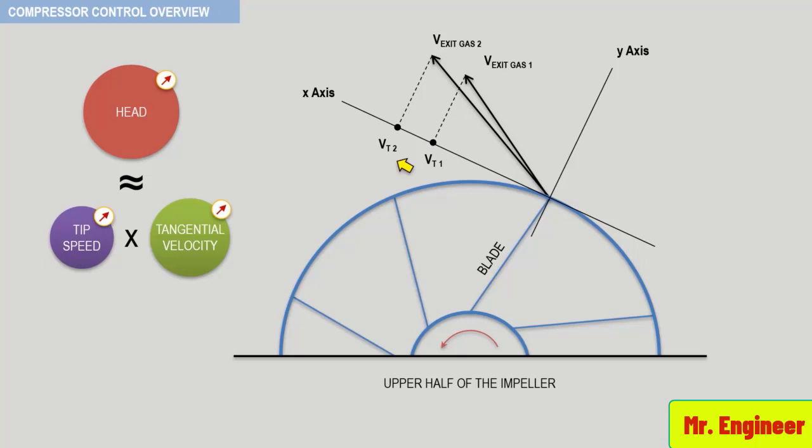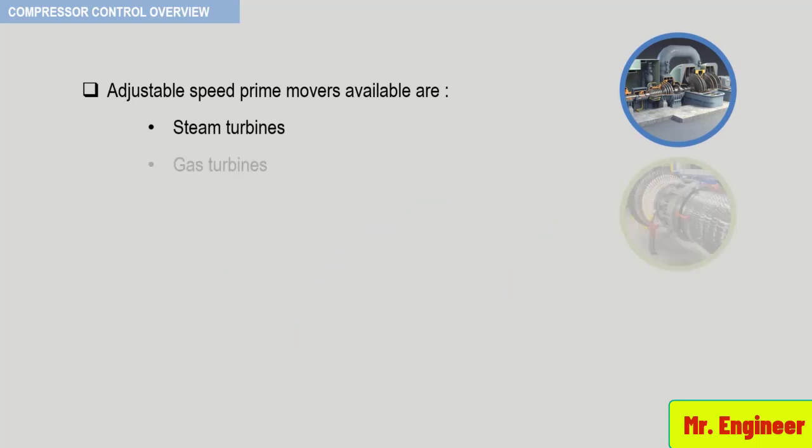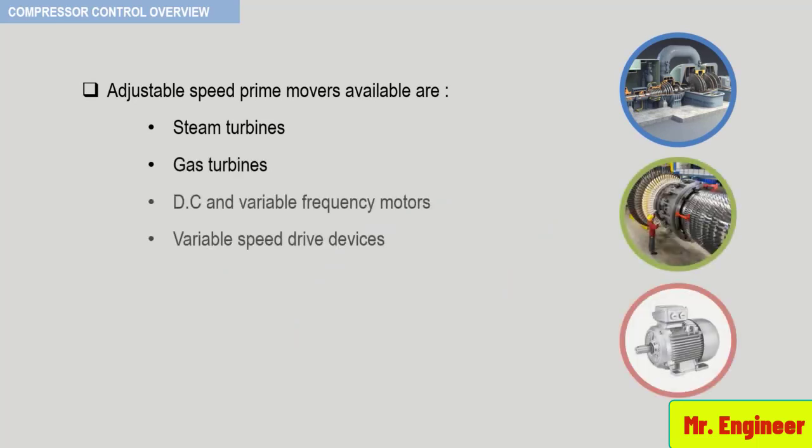Adjustable speed prime movers that are available and that are used extensively in process industries include steam turbines, gas turbines, DC and variable frequency motors, and variable speed drive devices. The variable frequency motors, referred to as VFD, are becoming more and more popular and will gain in popularity in the near future.